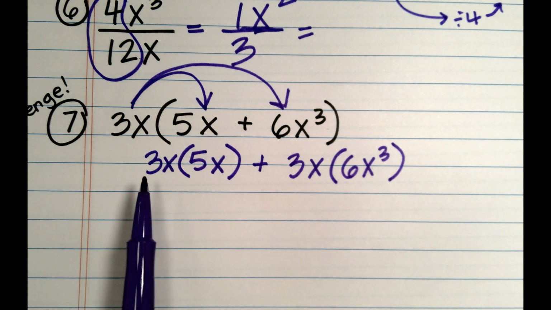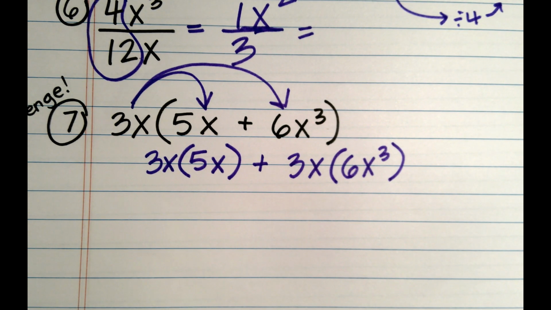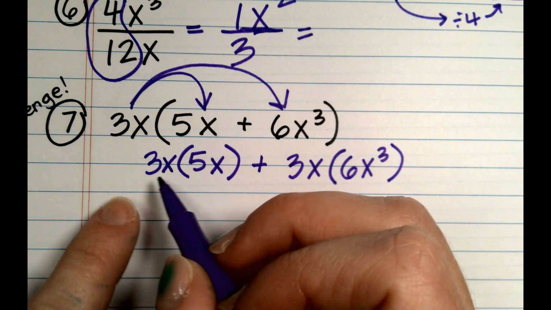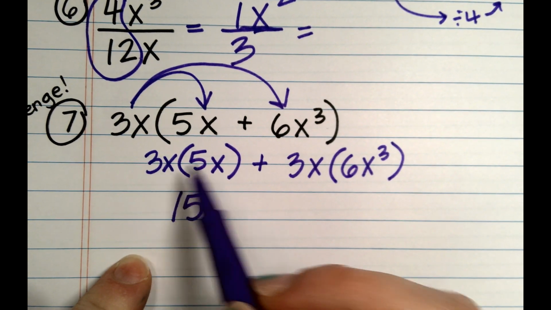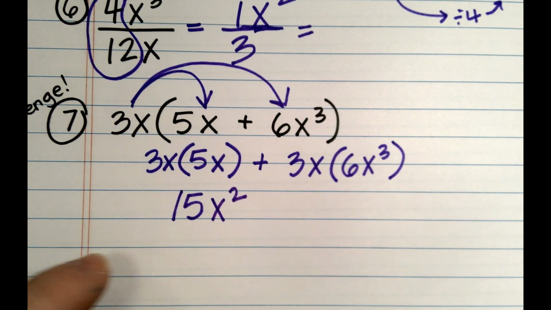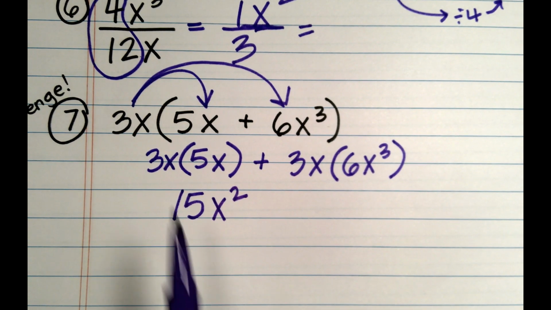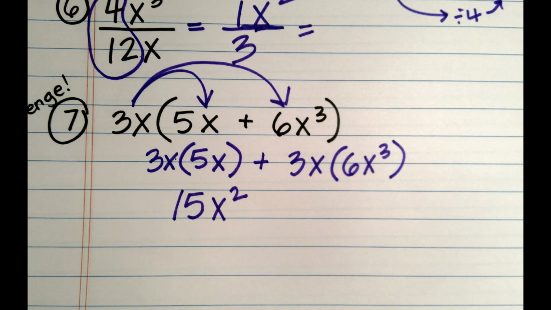So, what is 3x times 5x? 15x to the second power. Yes, 3 times 5 is 15. x times x is x squared, or x to the second power. We have 1x and another x. 1 and 1 is 2.